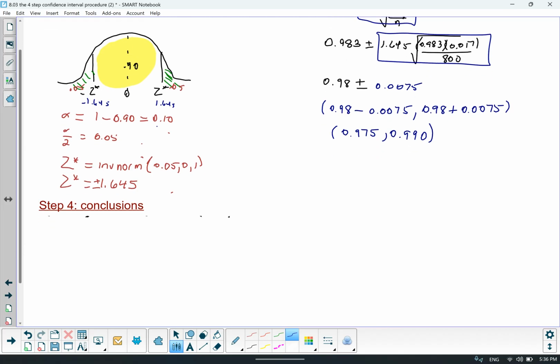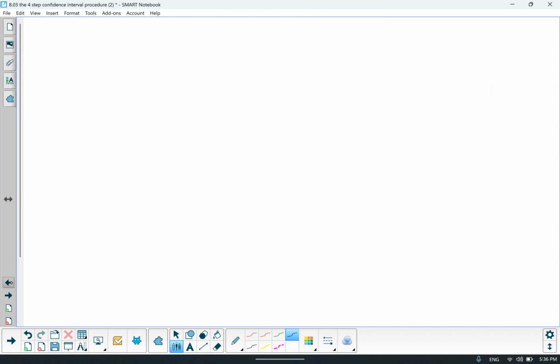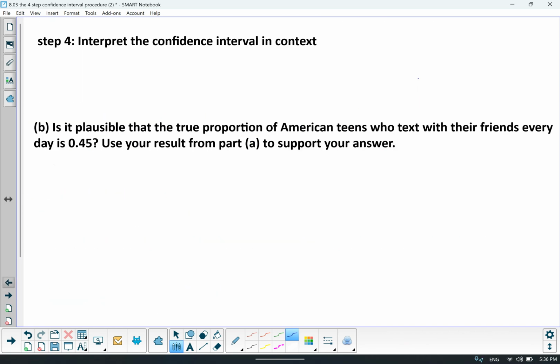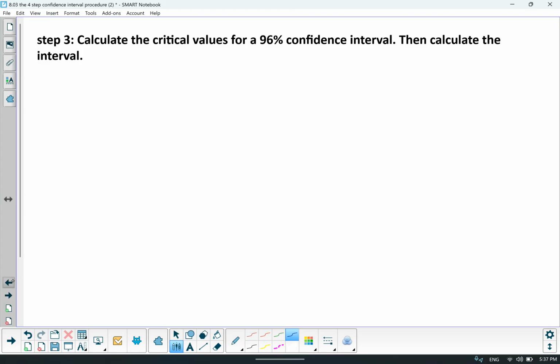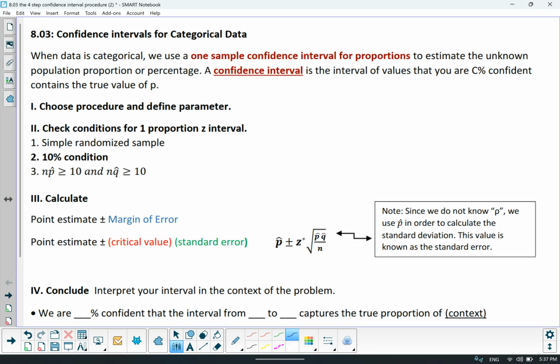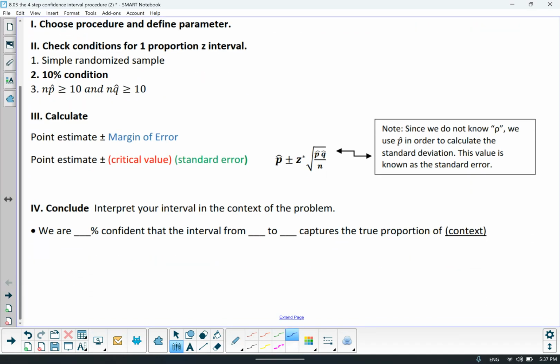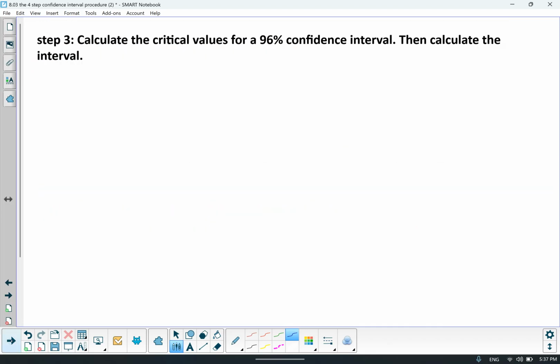Okay, so now we do our conclusion, and as I spoke about the other day and the beginning of today's lesson, we have a sentence frame that you need to use. So if we look at that first page of the lesson, you want to say we are blank % confident that the interval from blank to blank captures the true proportion, and you want to write it in context.